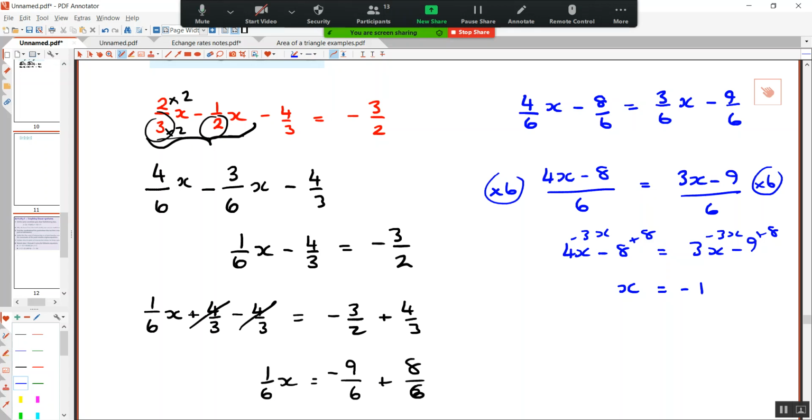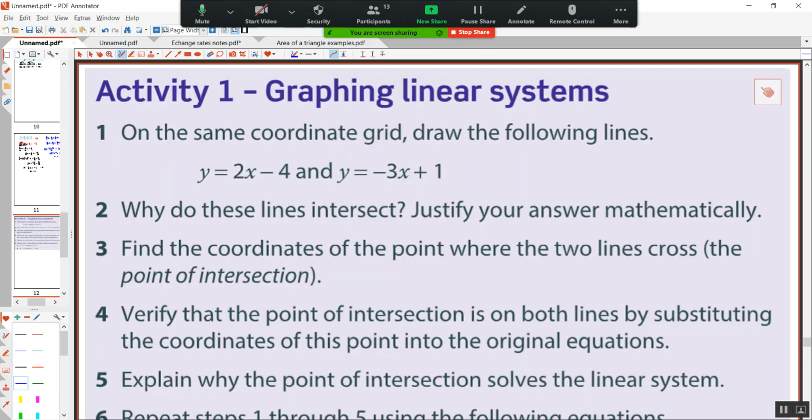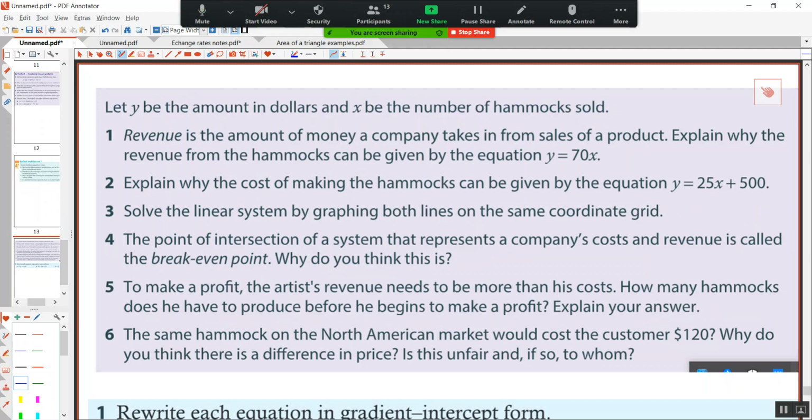Cool. Right. Unless anyone's got any questions, let's move on. All right, so this graphing activity 1. Now, do you remember last lesson I asked you to do activity 1 and activity 2? A lot of you only did 1, right?